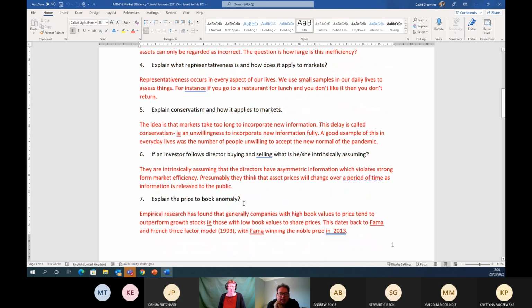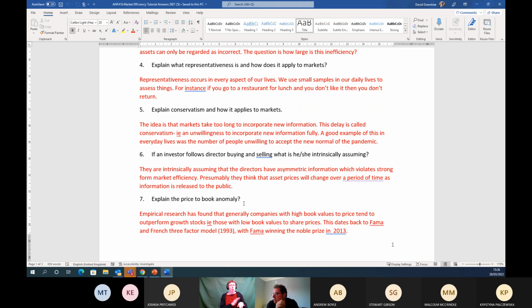One of the things that we need to take account of with market efficiencies is symmetry or asymmetrical information. Asymmetrical information is where one party knows more than the other party about a certain thing. And for efficient markets, we need to assume that all information is equally known by everybody.